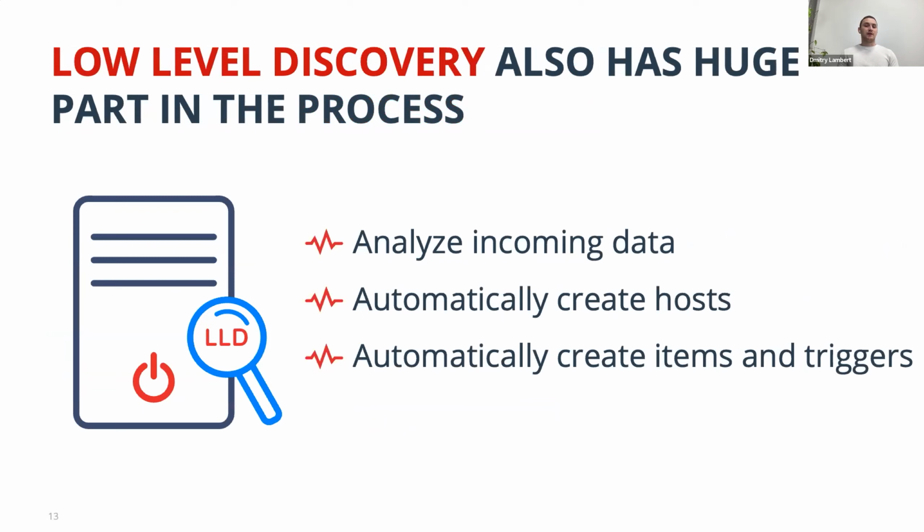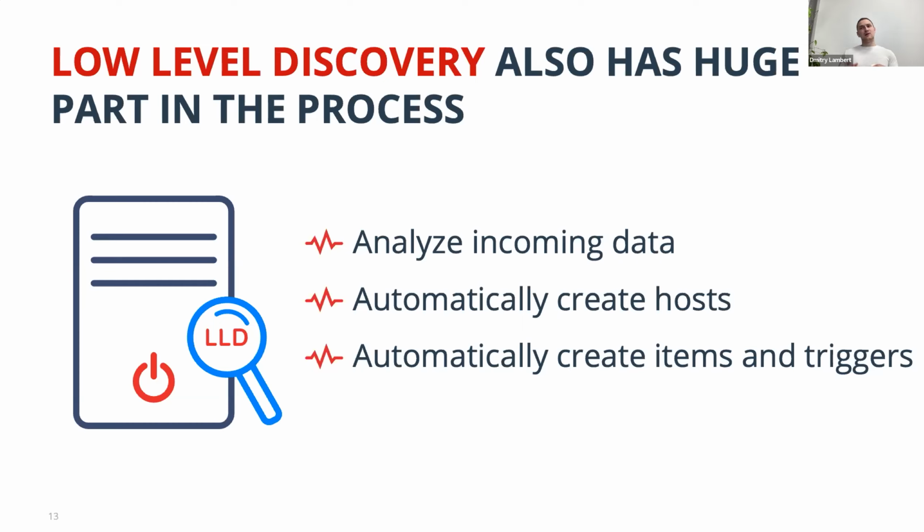Low-level discovery also has a huge part in the process. Again, I'll beat myself for the third time for the automated setup when we keep track. So let's say first time we set up the template, we connected to our cloud, and we pulled in that we have 100 EC2 instances. Good. The low-level discovery automatically creates a host for each EC2 instance that we have.